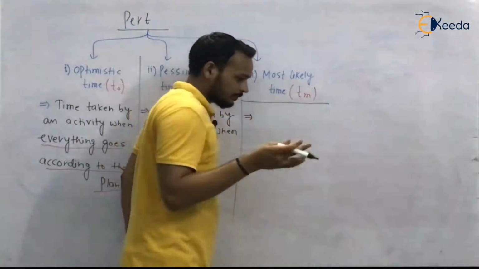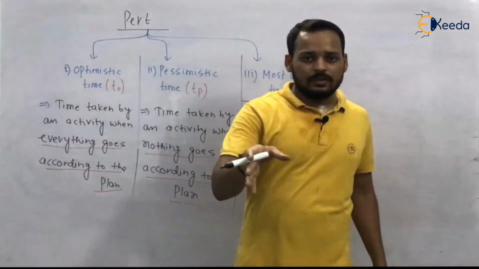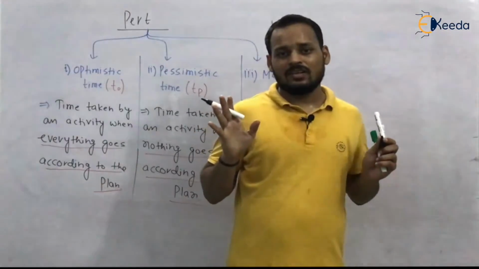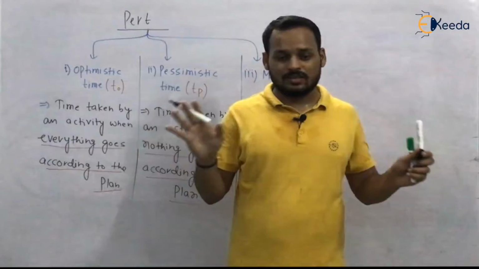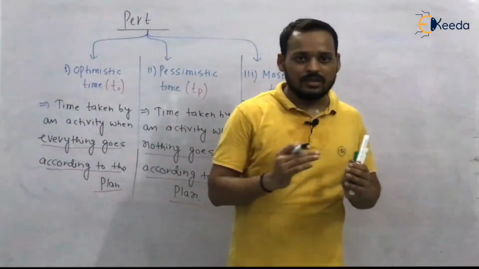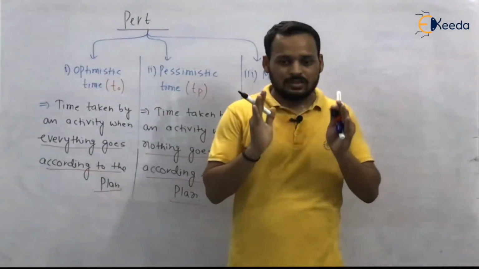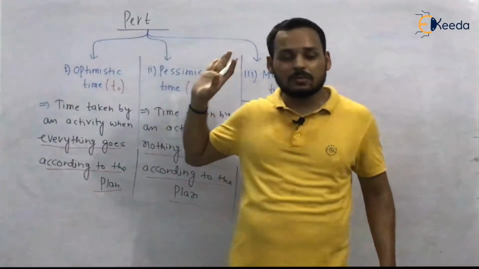You conducted the experiment, and in some experiments you got instant results, but in some you are not getting results. It means it is a time which is present in between the optimistic and pessimistic.